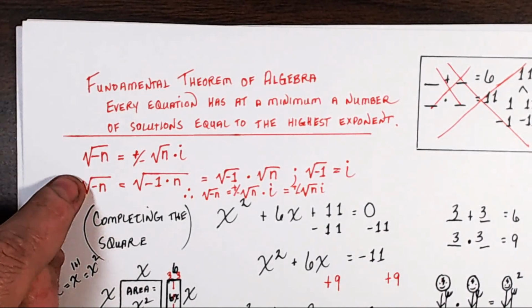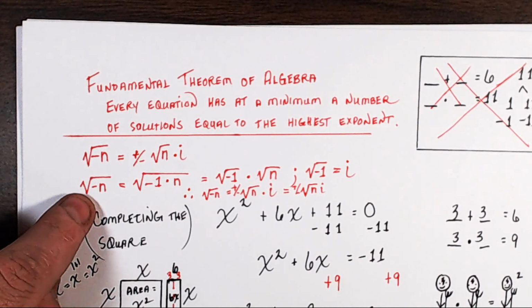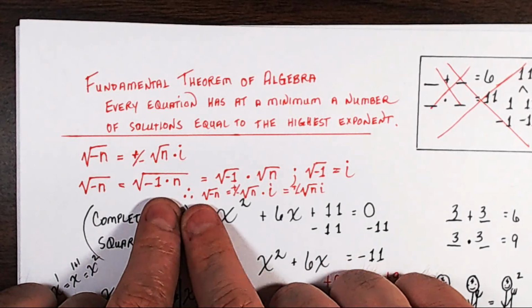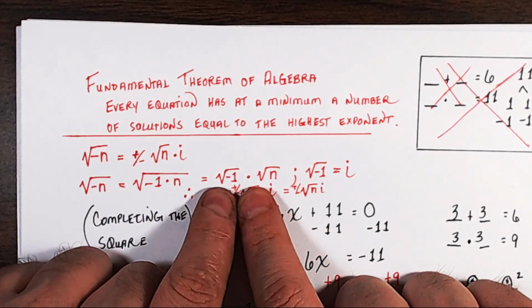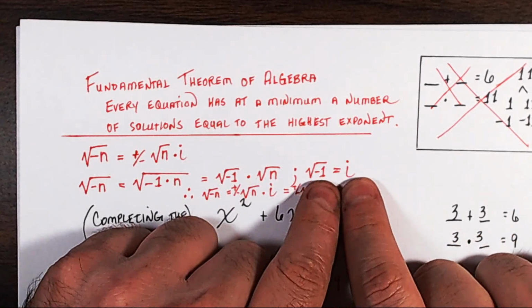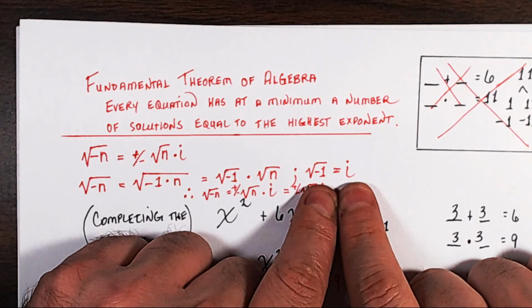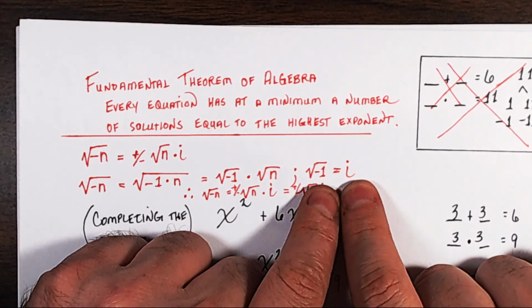Now, finally, we talked about taking the square root of a negative number, and that when we take the square root of a negative number, we're really pulling out a square root of negative 1, and the mathematical gods have determined that the square root of negative 1 is i.